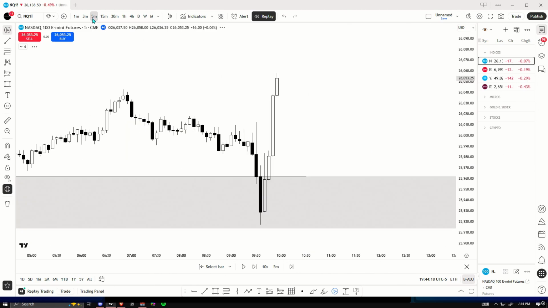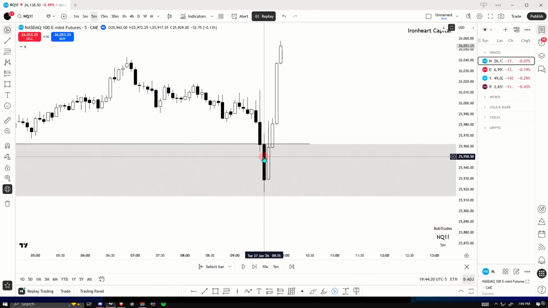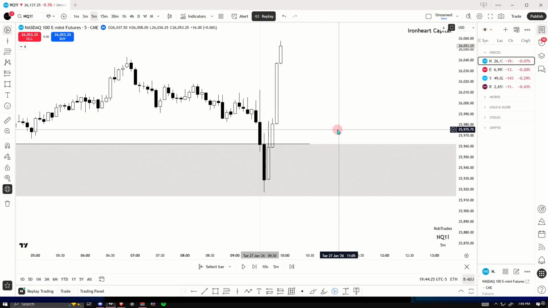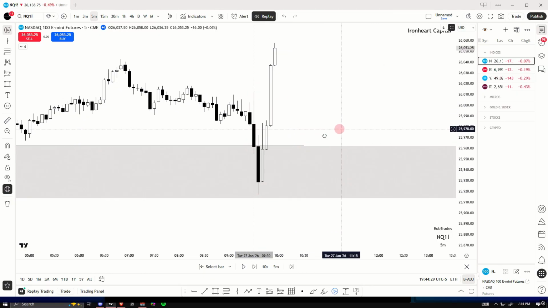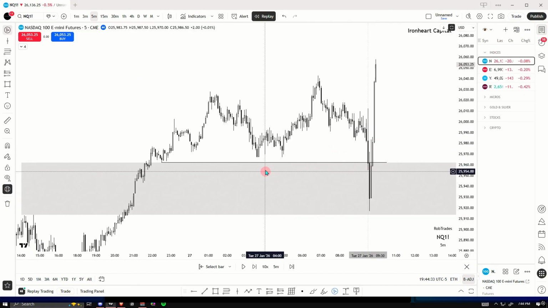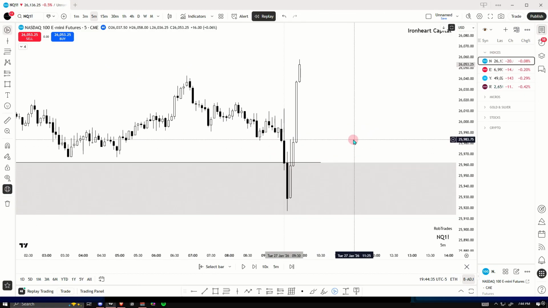In this case, this is exactly what you want to be seeing. 930, our volatility injection. Price has that small opposing run into our key level. We should not be looking for longs until this 4-hour fair value gap is hit. In this case, I typically like to enter anywhere from the 15-minute to the 1-minute during the New York session.